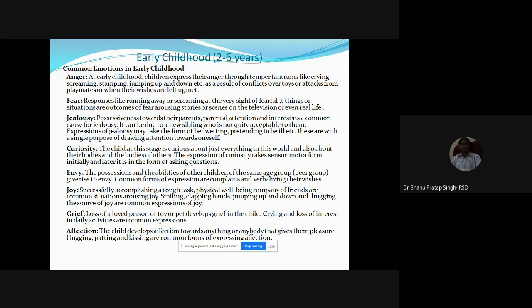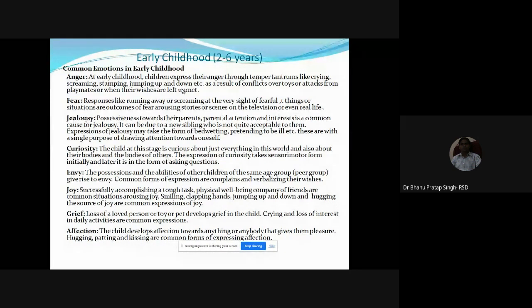If the parents have two children, although they may love both equally, one may feel jealous because he is at a childhood age and understands that he is not being given importance. So the emotion of jealousy may start. It can also be due to a new sibling who is not quite acceptable to them.